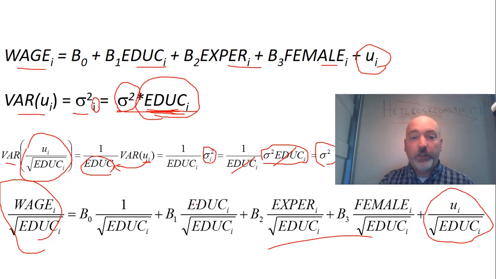Instead of education, it's education divided by its own square root, which I know is just the square root. Same thing, experience divided by square root of education, and then maybe least sensibly on the face of it, of all of them, is that female 0, 1 dummy variable, again, divided by the square root of education, right?